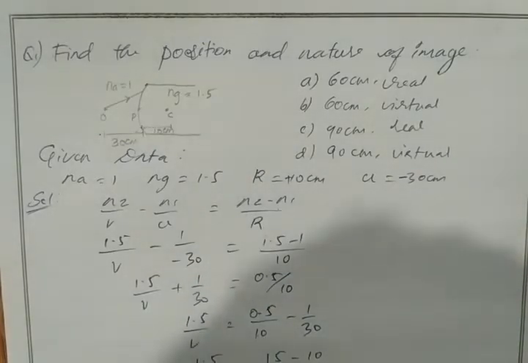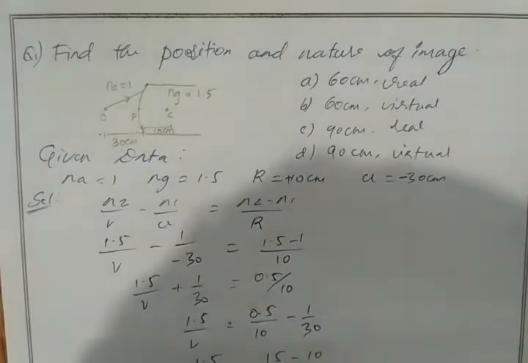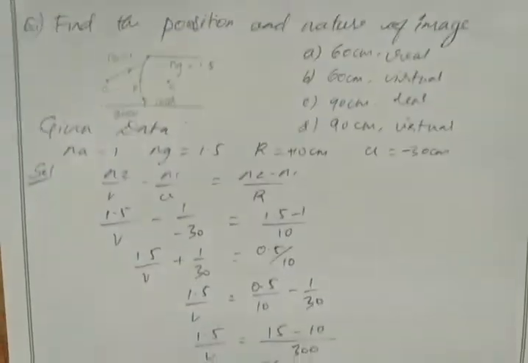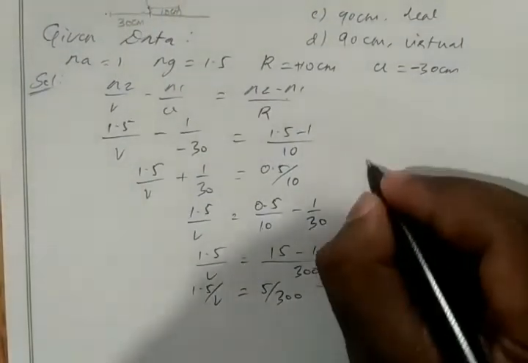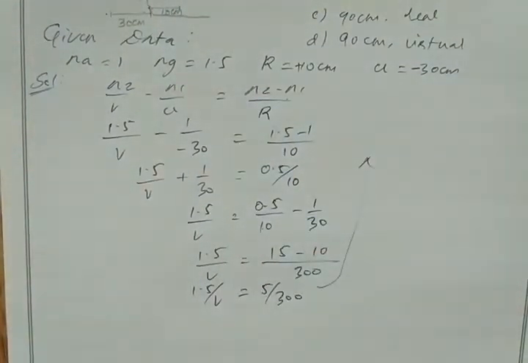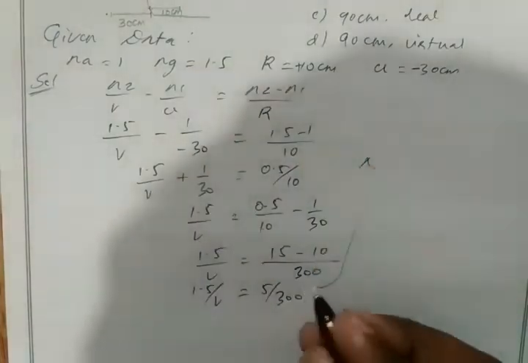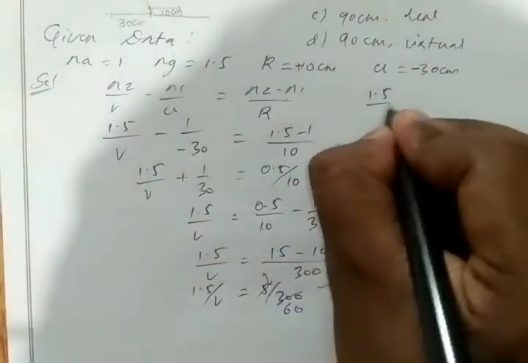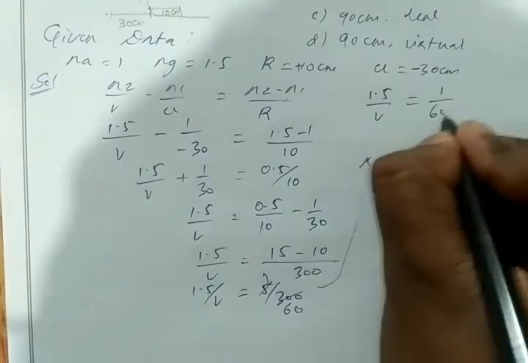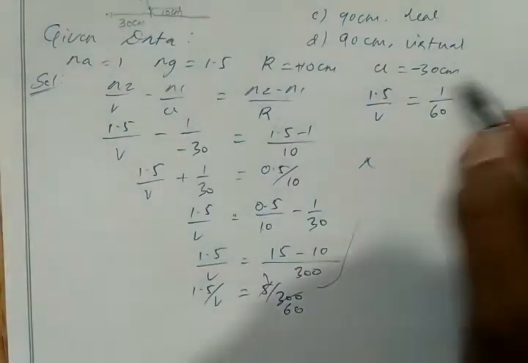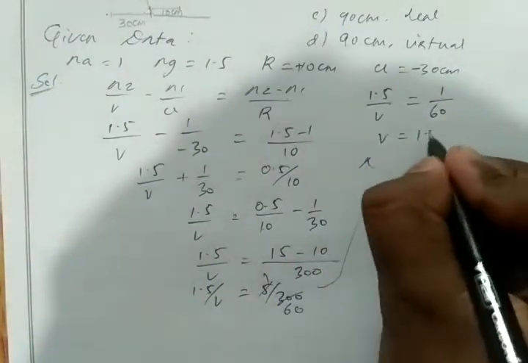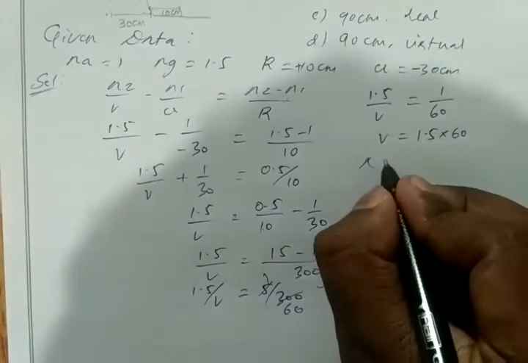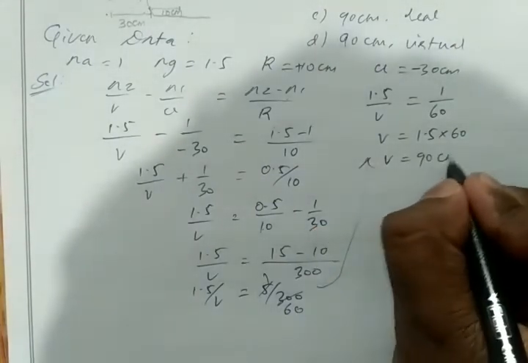So 1.5 by v equal to 5 by 300. If we solve it, we have 1 by 60. So 1.5 by v equal to 1 by 60. So do the cross multiplication, v equal to 1.5 into 60. So v equal to 90 centimeter.